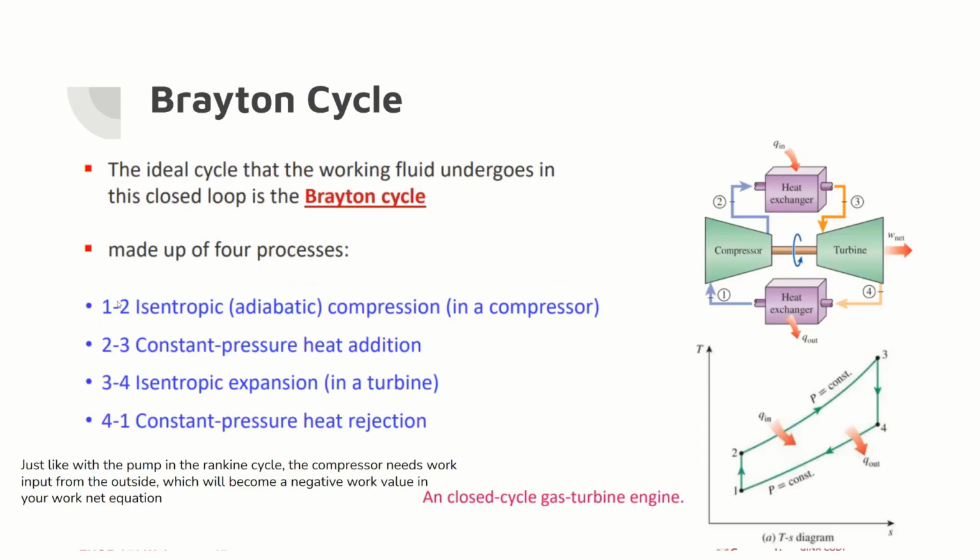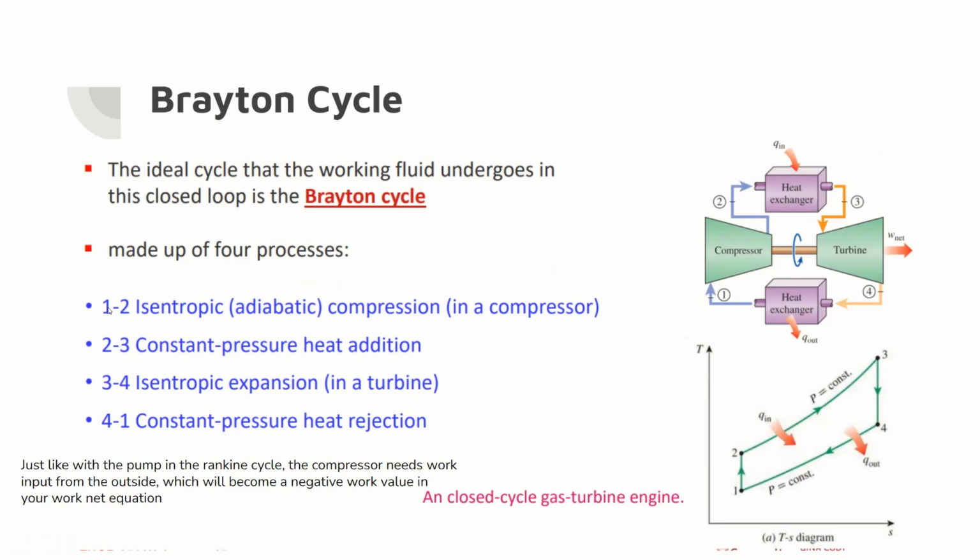But same thing. So from 1 to 2, so from the inlet of the compressor to the outlet of the compressor, you have an isentropic process. So again, that's adiabatic and a reversible process. From 2 to 3, it's constant pressure with heat going in. So you have heat transfer going in. 3 to 4 pretty much is the same thing as 1 to 2. And 4 to 1 is pretty much the same thing as 2 to 3, but the other way around.